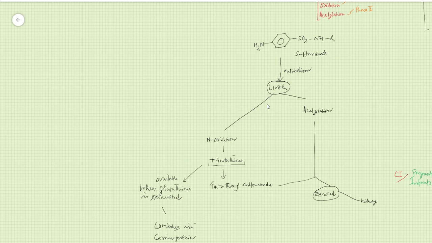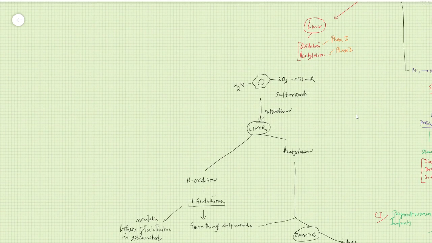So we said the oxidation pathway is a phase 1 pathway, and acetylation is a phase 2 pathway. What are the other examples of phase 1 reactions? Let's write it down here so that we can recall. Phase 1: we talked about oxidation, reduction, hydrolysis.